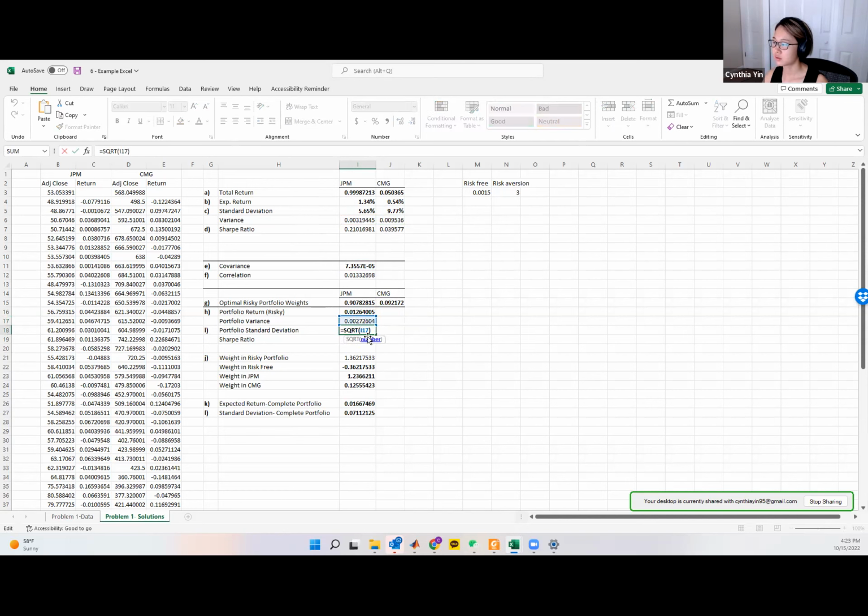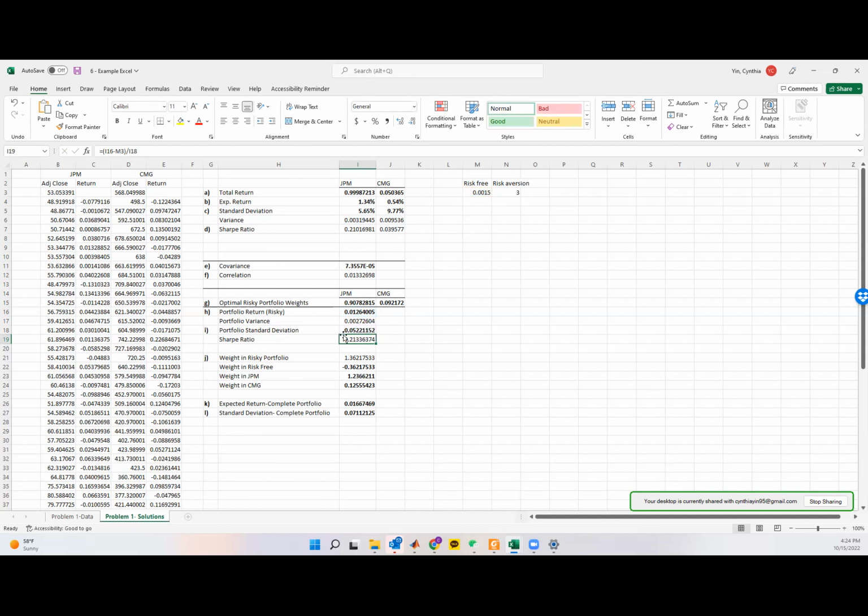Standard deviation is just the square root of the variance. And Sharpe ratio is the expected return on the portfolio minus the risk-free rate divided by the standard deviation of the portfolio. Questions? No.